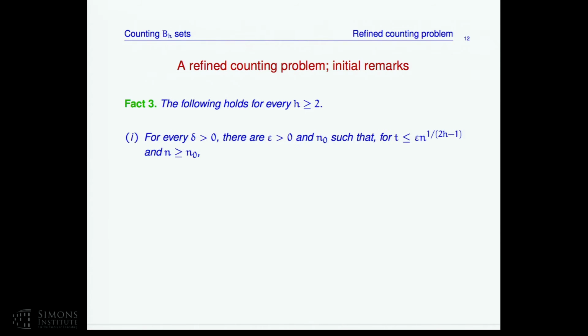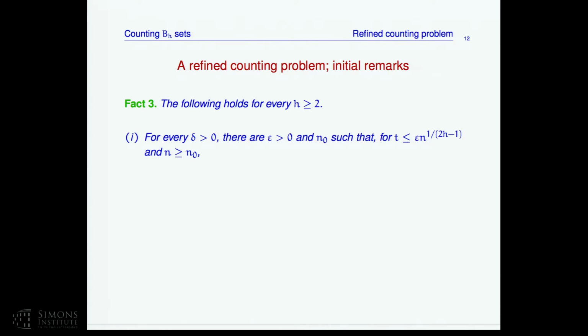So what can we say from below at least, or let's try to get some feeling about the numbers that will show up. So again, h is fixed, greater or equal to 2. Let's talk about t, which is not so big. In Regime 1, t is at most epsilon times n to the 1 over 2h minus 1.